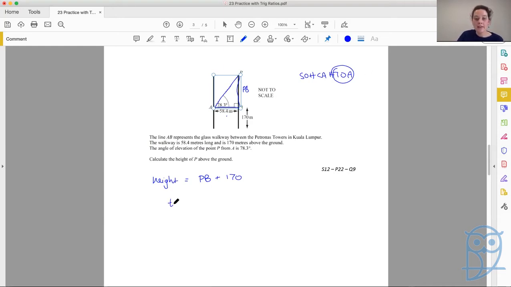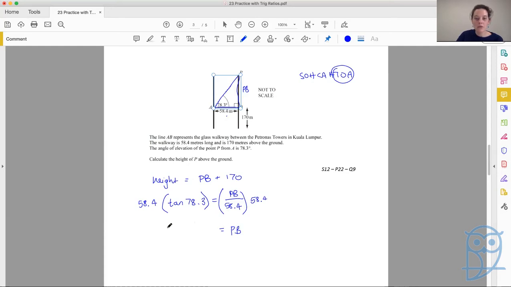Now we want tan. So tan 78.3 equals opposite PB over adjacent 58.4. So again, we multiply to clear that fraction. Multiply both sides, treat both sides exactly the same.